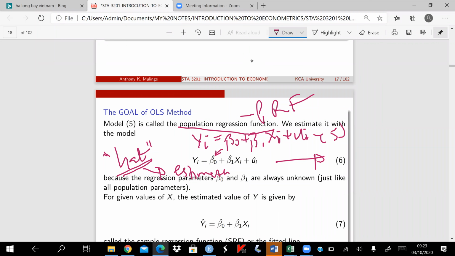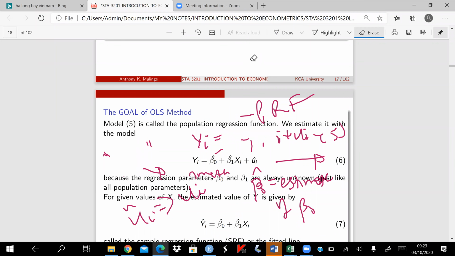So beta naught hat is the estimate of beta naught, beta 1 hat is the estimate of beta 1, and ui hat is the estimate of the error term, and so on and so forth. So we can estimate that model using equation number 6.